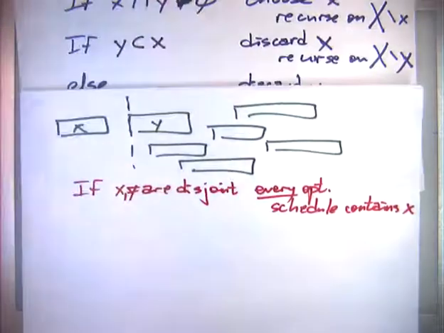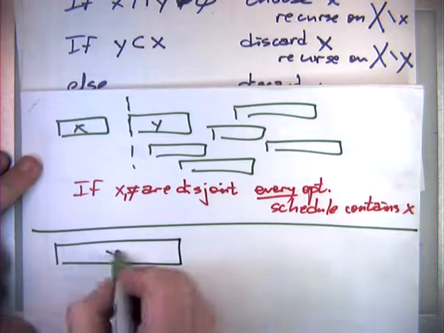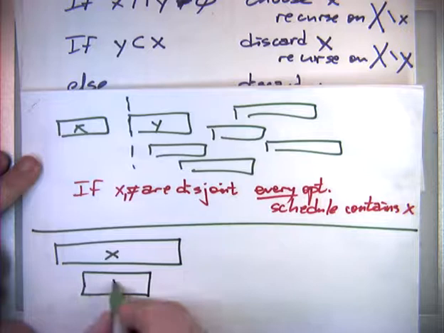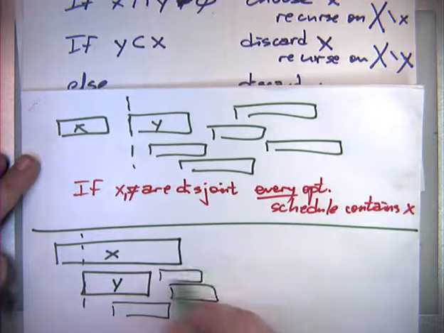Okay, so the second one, case 2, is here's X and here's Y, and everything else starts after Y starts.